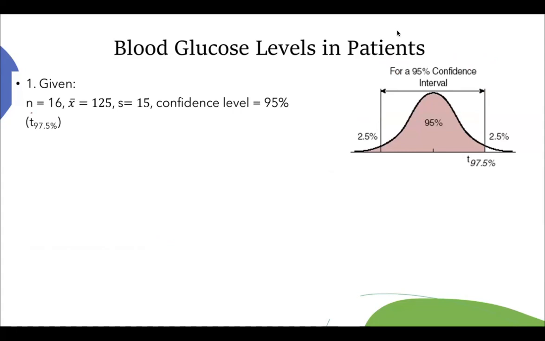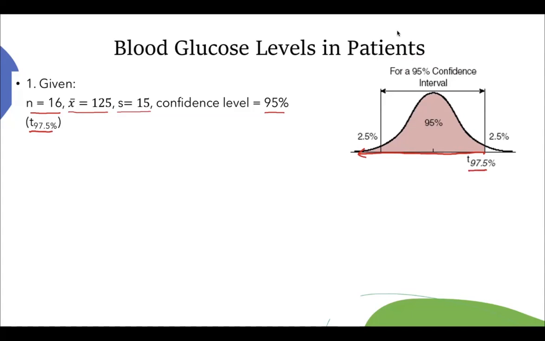Given that the sample size is 16, the X bar provided is 125, and the sample standard deviation is 15, we have a confidence level of 95%, which puts us with a t-score, remember this picture, a t-score where the subscript is 97.5.